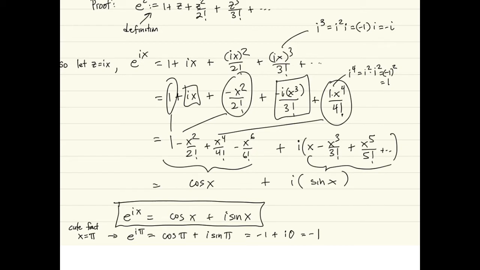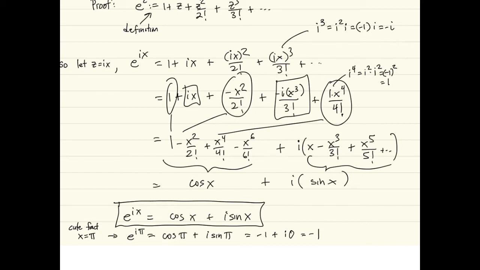It's the power series associated to cosine of x. That's, again, some fact from calculus. And then this here is the power series for sine of x. And these power series converge for all real values of x. And so what we conclude is that e to the ix is equal to cosine x plus i sine x. That's what Euler's formula says.